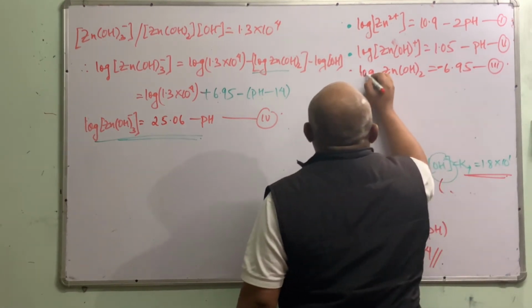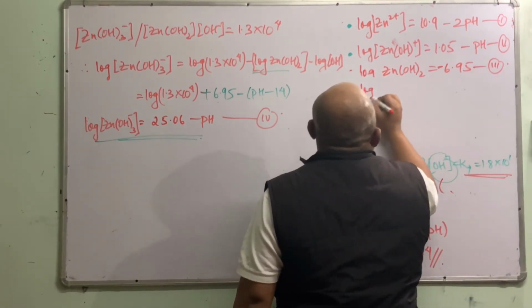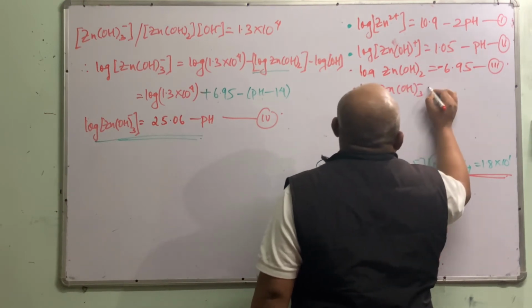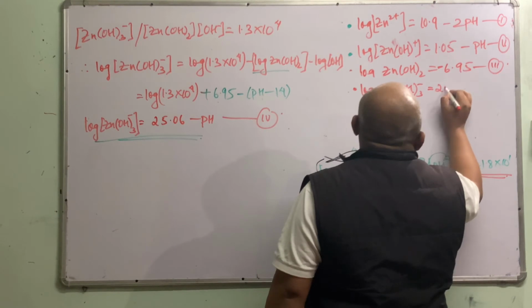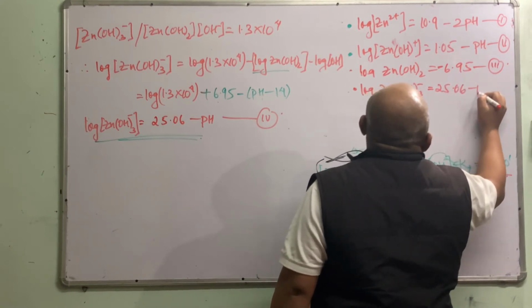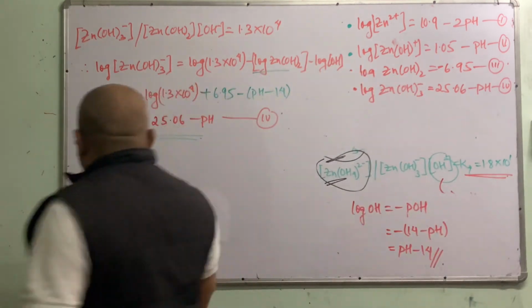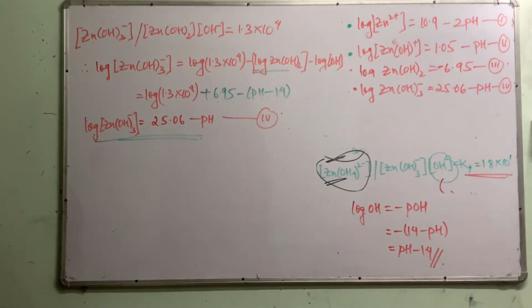So here is the fourth part: log of ZnOH3 minus is equal to 25.06 minus pH, equation 4. Okay. Is it okay? Fine. I think now the concept is much clearer.